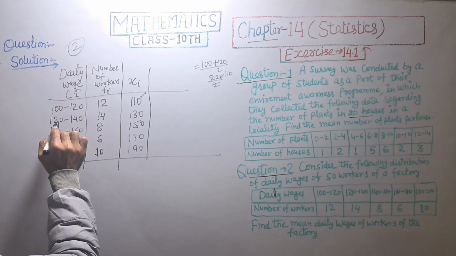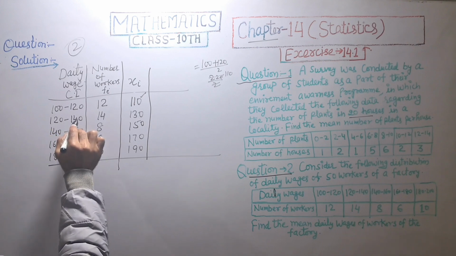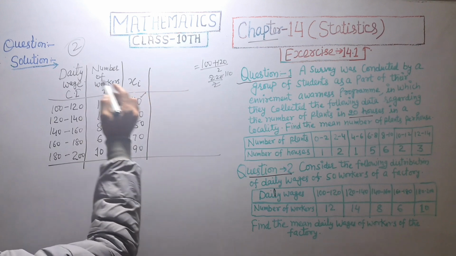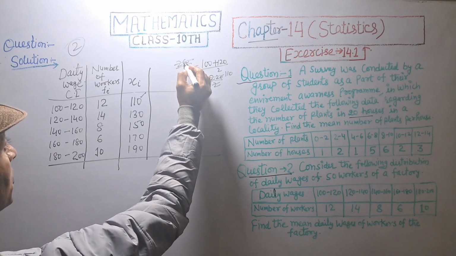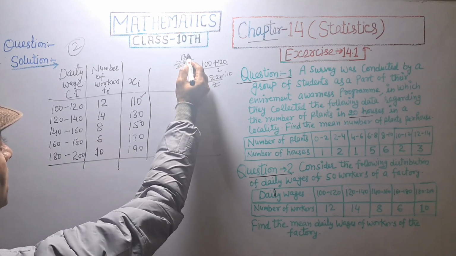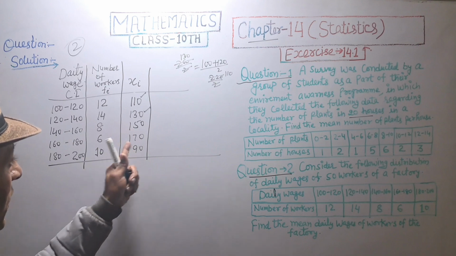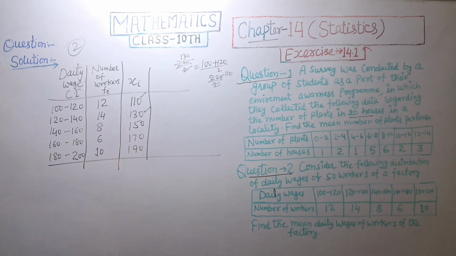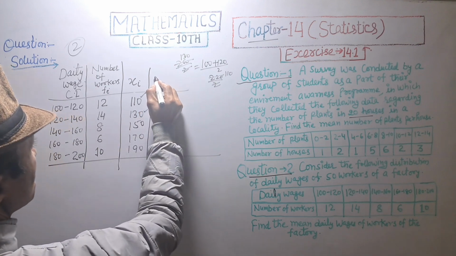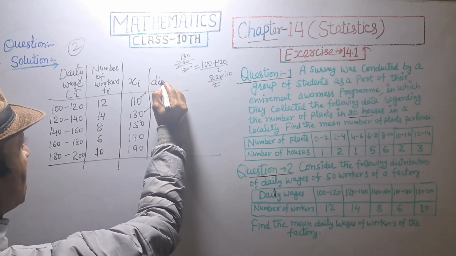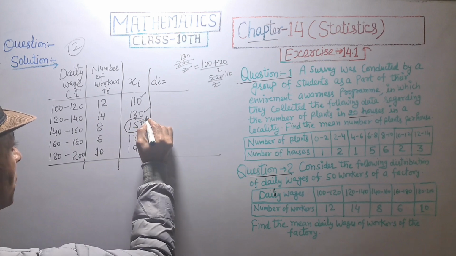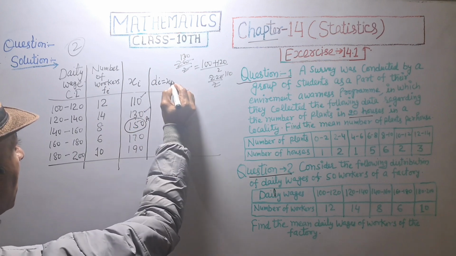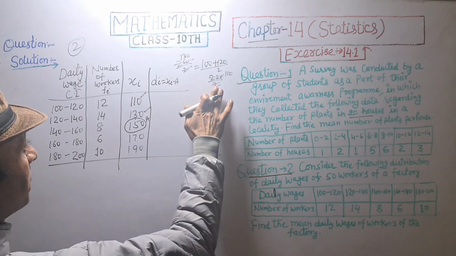Similarly, 120 plus 140 is equal to 260, and 260 divided by 2 is equal to 130. Similarly, 150, 170, 190. So di is equal to xi minus A, assuming A is equal to 150.